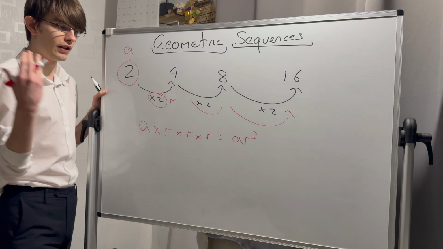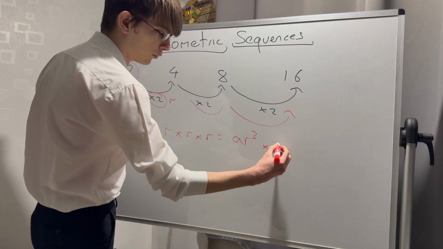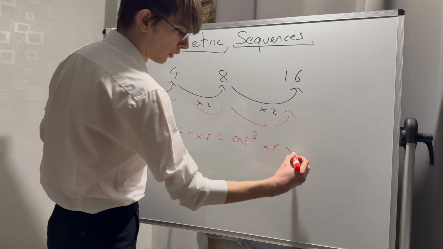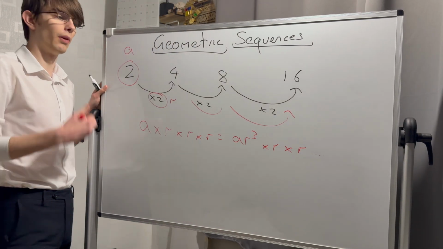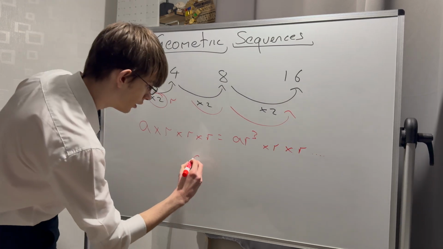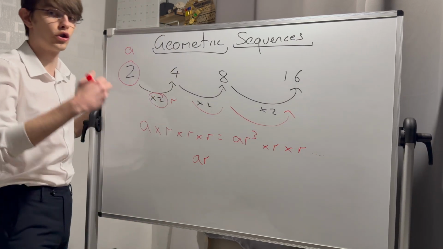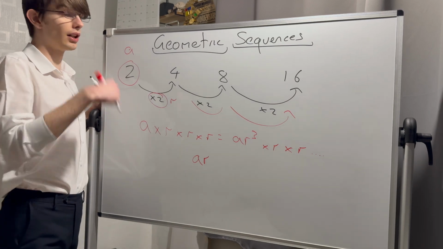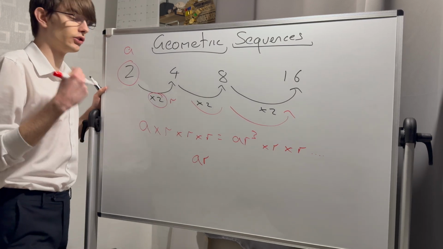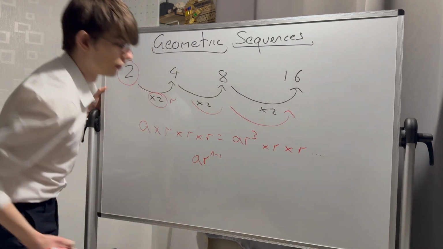If I want to get to my 5th term, I'm going to multiply by R once more, my 6th term once more, and so on. So we know that my general form is going to be AR to the power of something. Now, what is that something? Well, similarly to the arithmetic sequence, it is going to be n minus 1.